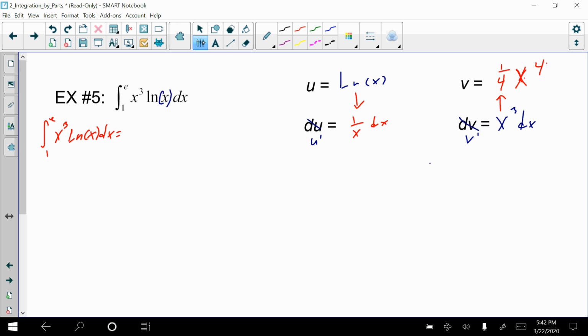So u times v, multiply these two things together, and that will give me 1/4 x to the 4th times the natural log of x, minus the integral of u prime times v, which will give me those two multiplied together.